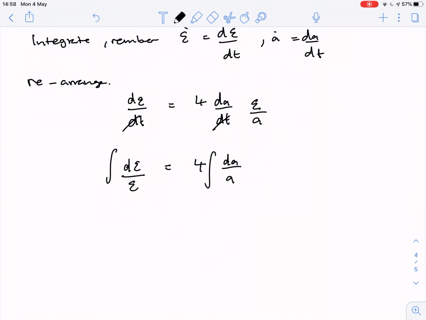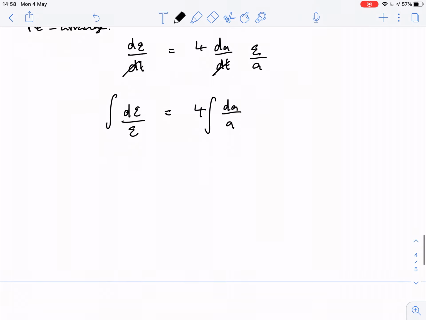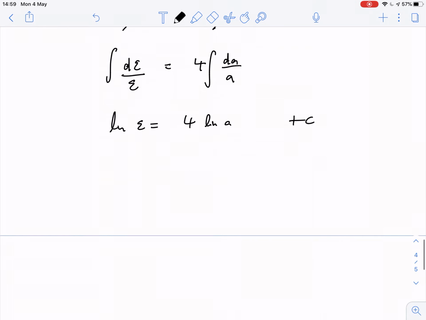Of course, that tells me there are some constants that come out, or I can put in limits from time t equals 0 to time today, t0. But let's just get the general state here. I'm not worrying about the integration constants. So what I get is log ε equals 4 log a, plus some constant. And then that tells me that ε is proportional to a to the 4, just by laws of logs.